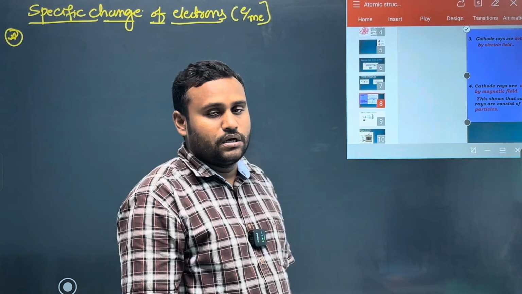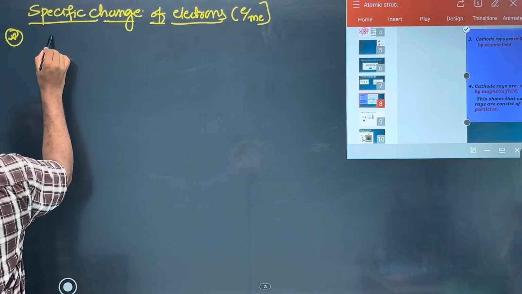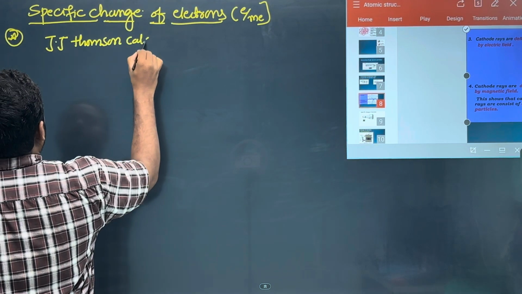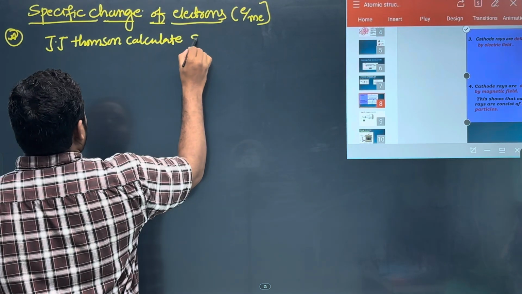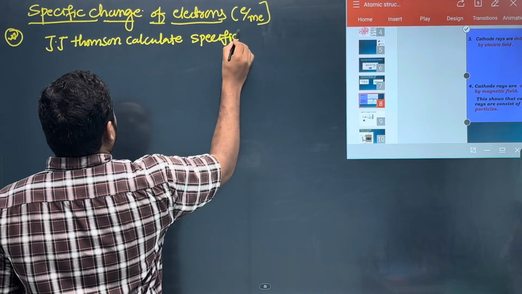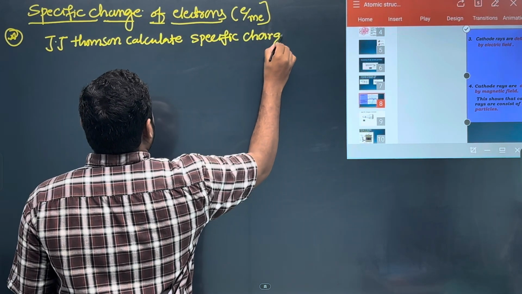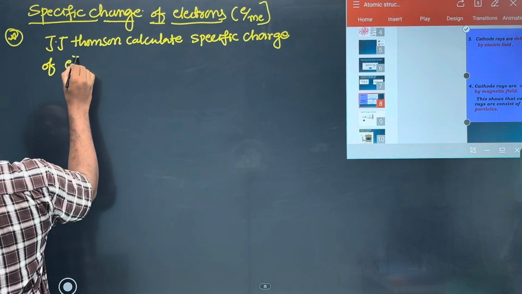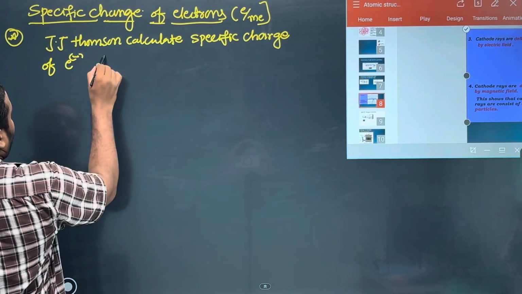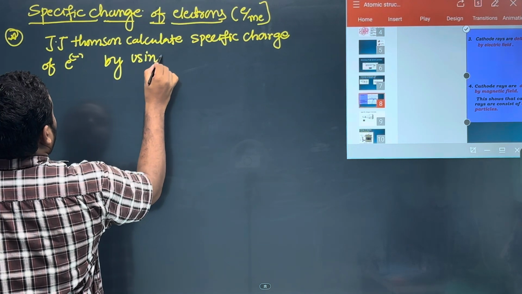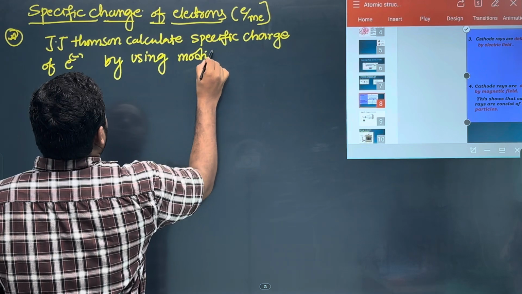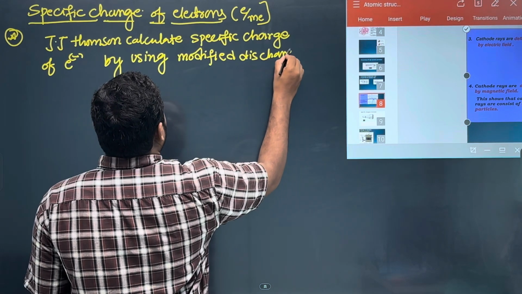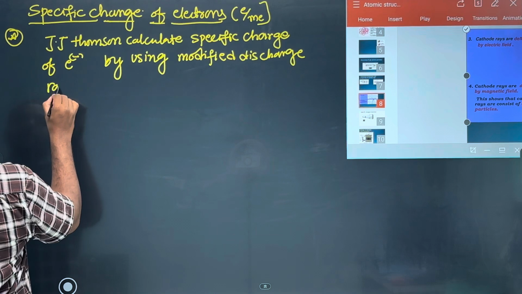This specific charge of the electron was calculated by the scientist J.J. Thomson. J.J. Thomson calculated the specific charge of electrons by using a modified discharge ray tube.